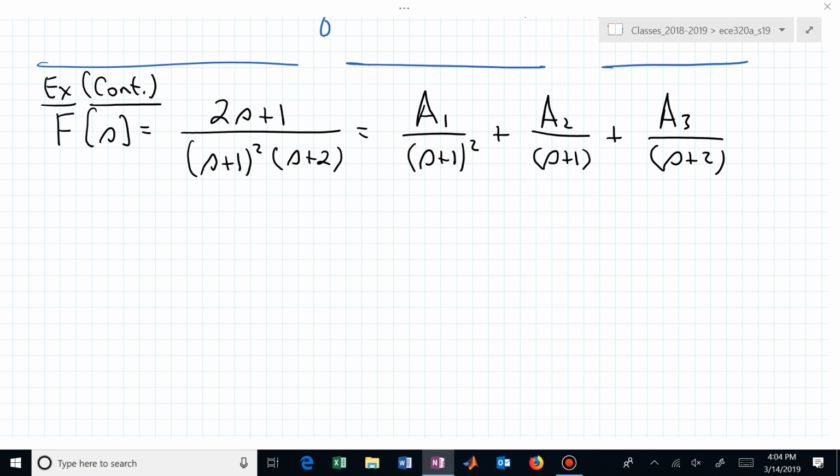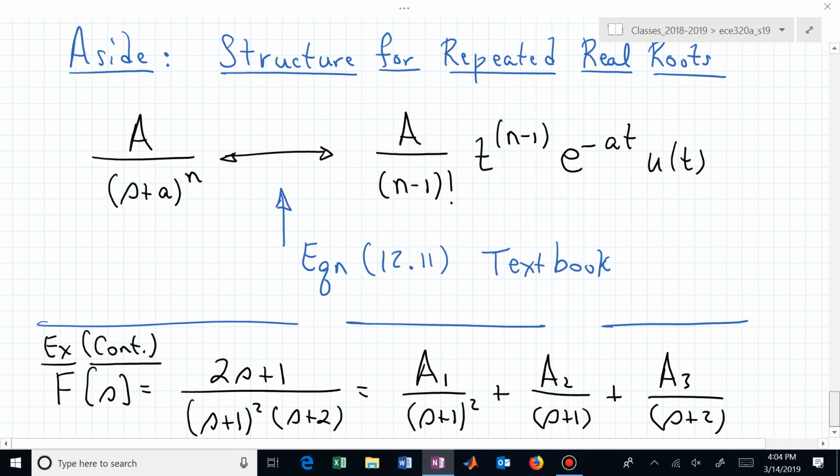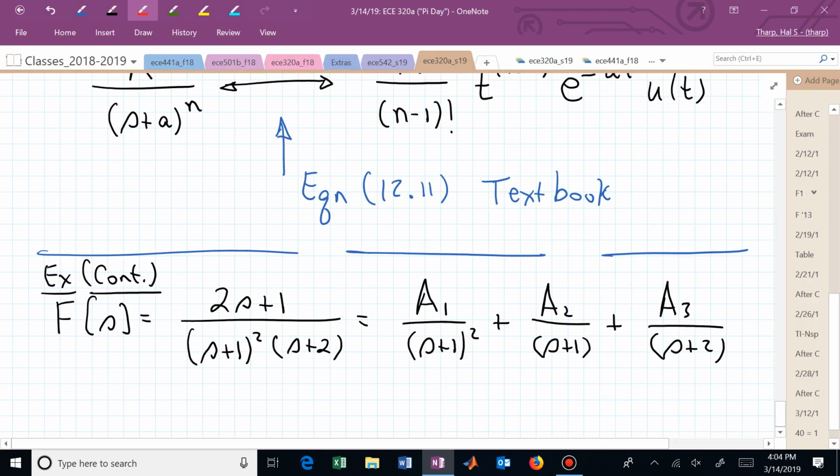That's the hardest one. A1 and A3 are the easy ones. I'm going to do the easy ones so I can get my momentum going. If I'm just doing it, I need to build some momentum. Let's start with A sub 3.